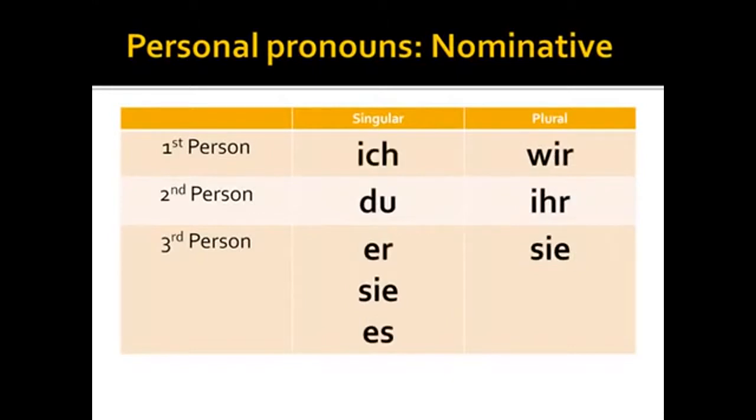Now, German has the same thing. The concepts are the same, the forms are of course different. First person singular, ich, second person singular, du, third person singular, sie, es, he, she, it. Now, we also have that in the plural. Wir, second person plural, ihr, third person plural sie.